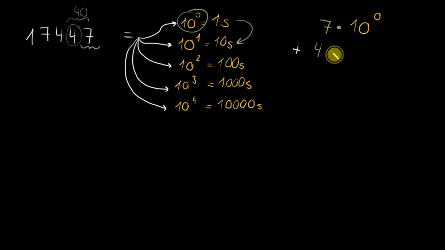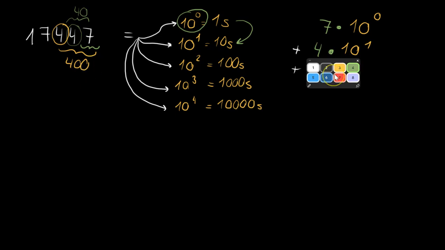We have 4 times 10 to the power of 1. How many hundreds do we have? We have 4 hundreds right here, so we write down 4 times 10 to the power of 2.